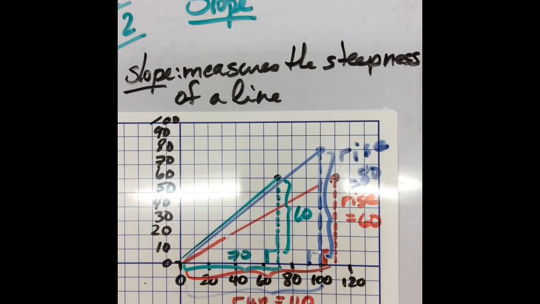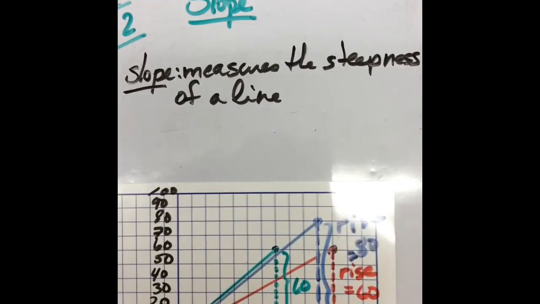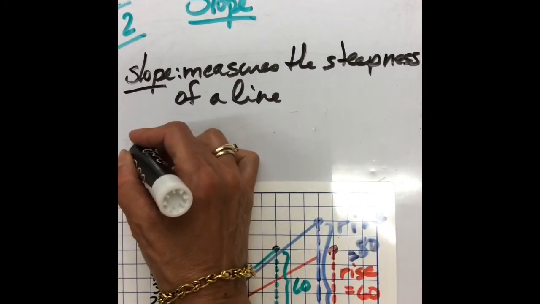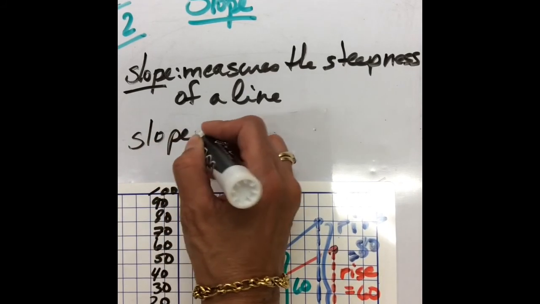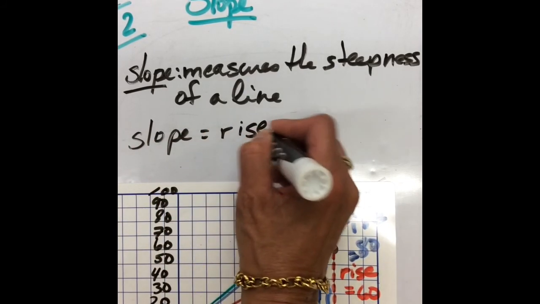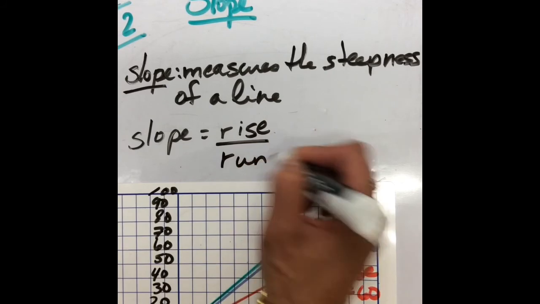So can you think of a way to figure out numerically which one of these is the biggest slope to the smallest slope? Well, basically what we can do is use a formula for slope, and the slope is equal to the rise over the run.